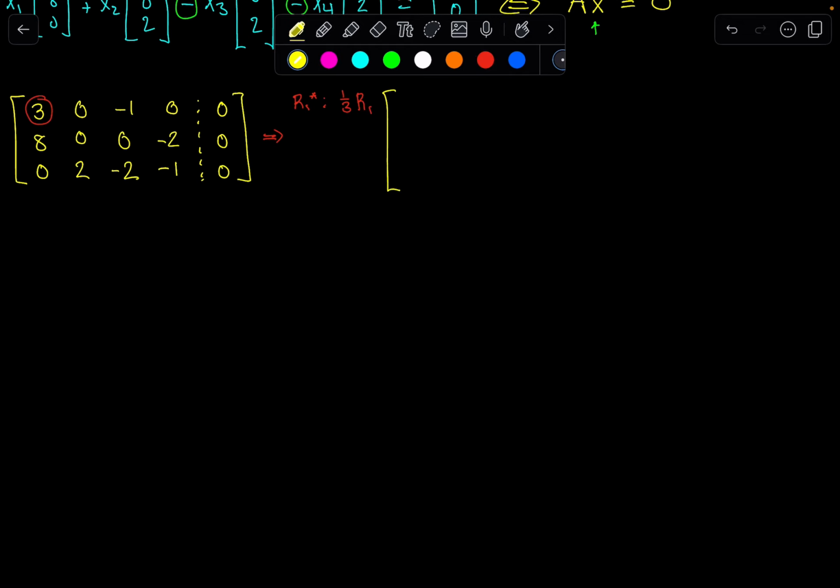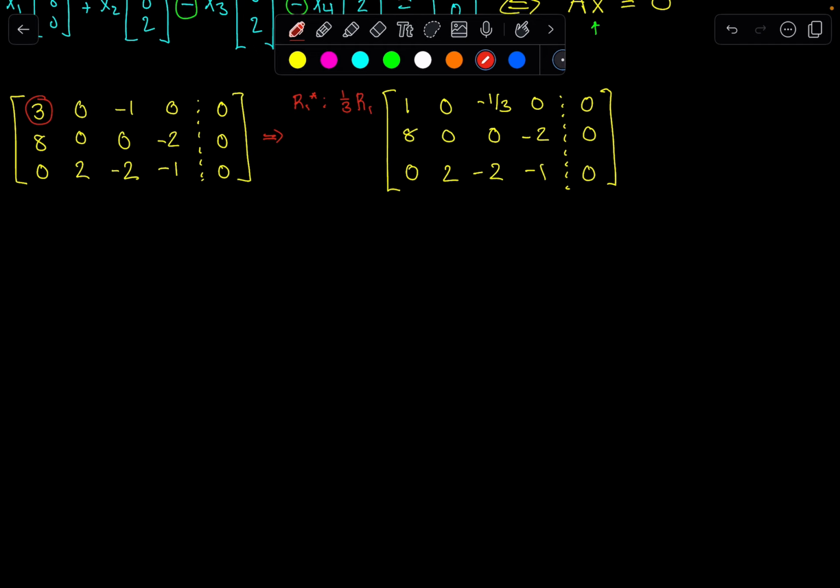So if I do this, let's see, we're going to get 1, 0, negative 1/3, 0, and then 0. My second row stayed the same, 8, 0, 0, negative 2, 0, and then 0, 2, negative 2, negative 1, 0. Okay, great.